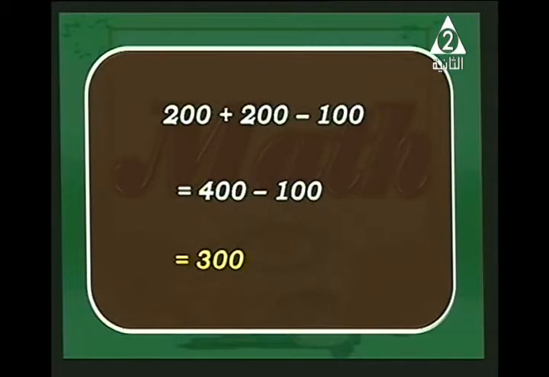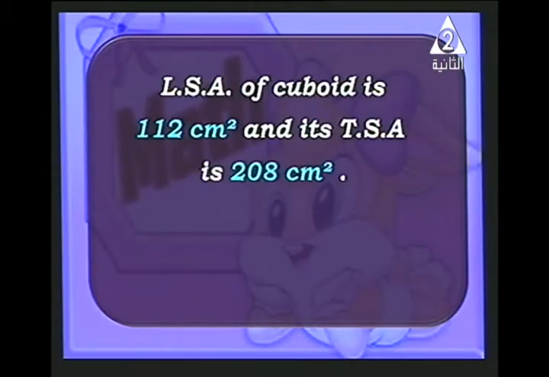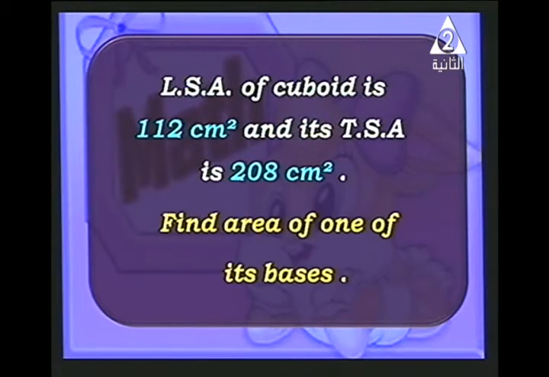Another example, lateral surface area of a cuboid is 112 centimeters squared, and its total surface area is 208 centimeters squared. Find the area of one of its bases.